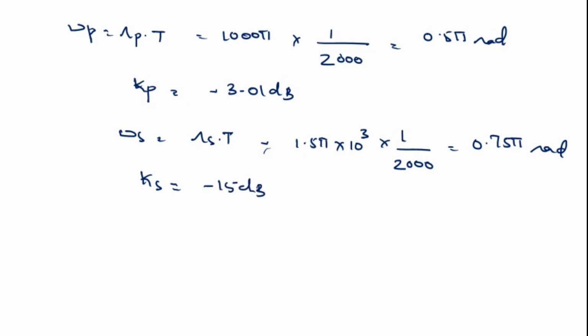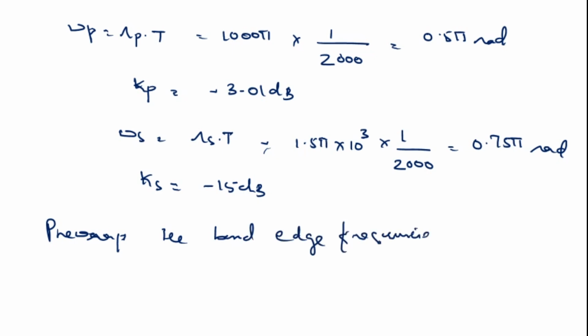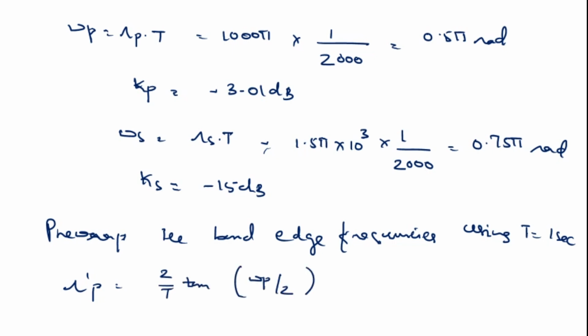Now we have to pre-warp the band edge frequencies using T is equal to 1 second. That is, ohm dash P, or ohm star P, equals 2 by T tan omega P by 2, which is equal to 2, with Kp equal to minus 3.01 decibels.